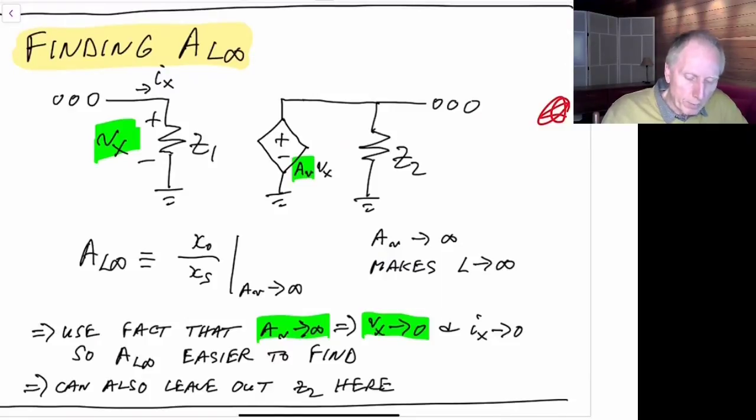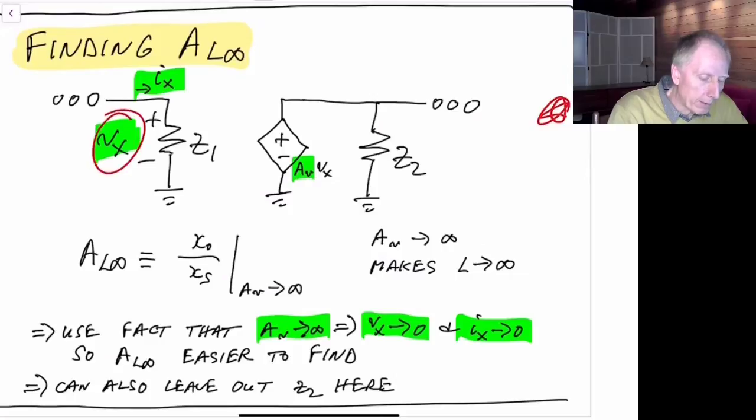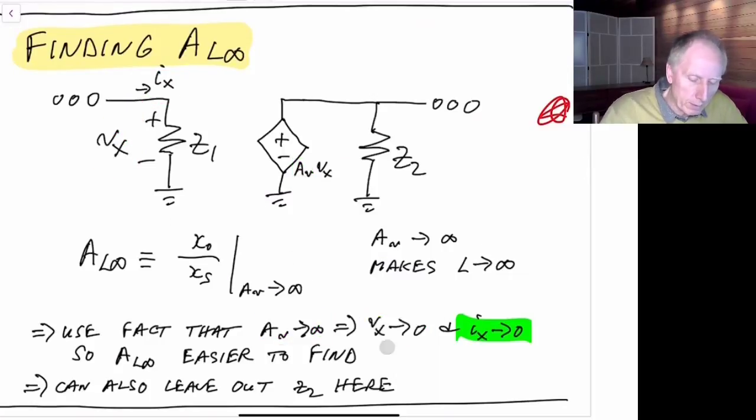So V sub x must be going to 0, which then if V sub x is going to 0, then I sub x must also be going to 0. So whenever we introduce this A sub V and we make A sub V go to infinity, then V sub x is going to 0 and I sub x is going to 0. And we can use this knowledge to make A sub L infinity much easier to find.